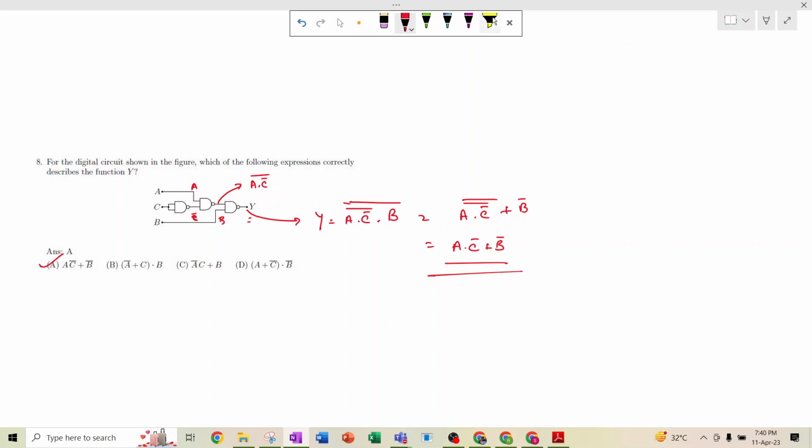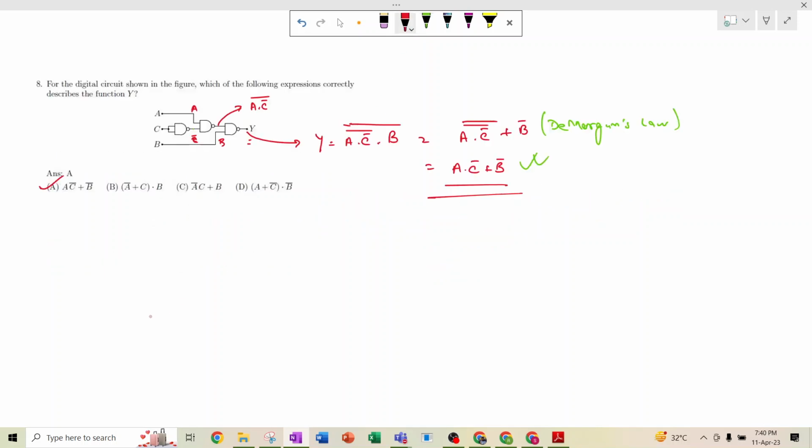So basically what we did, here it is A, here it is C. C is the only input in the two input NAND gate, so it will be C bar, and here it will be B. So it will be A into C bar whole bar, and A into C bar multiplied with B whole bar. So we used De Morgan's law, simplified this thing, and then reached the answer.